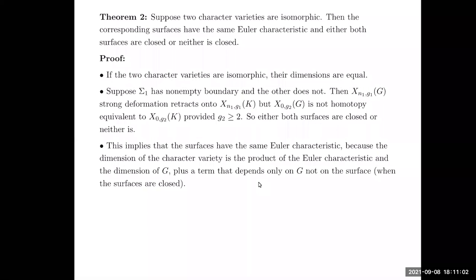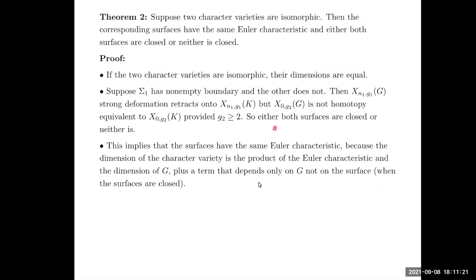But in the case where there's no boundary, the G character variety is not homotopy equivalent to the same thing for K, at least provided that the genus is greater than or equal to 2.